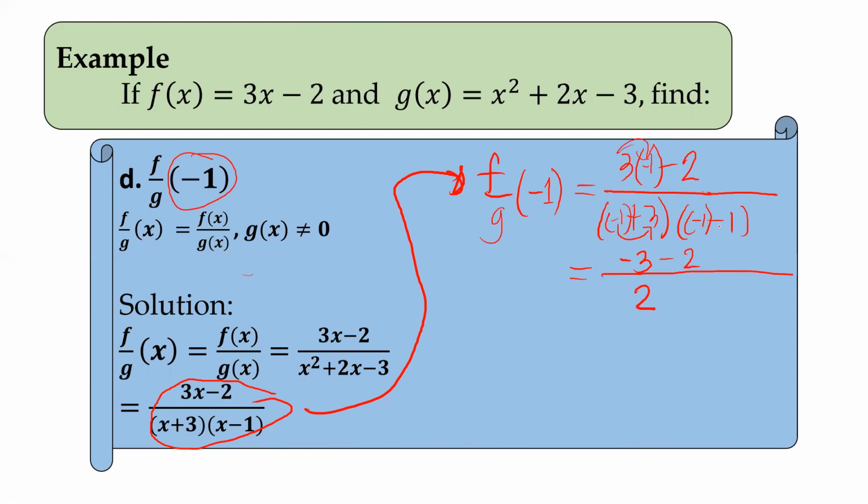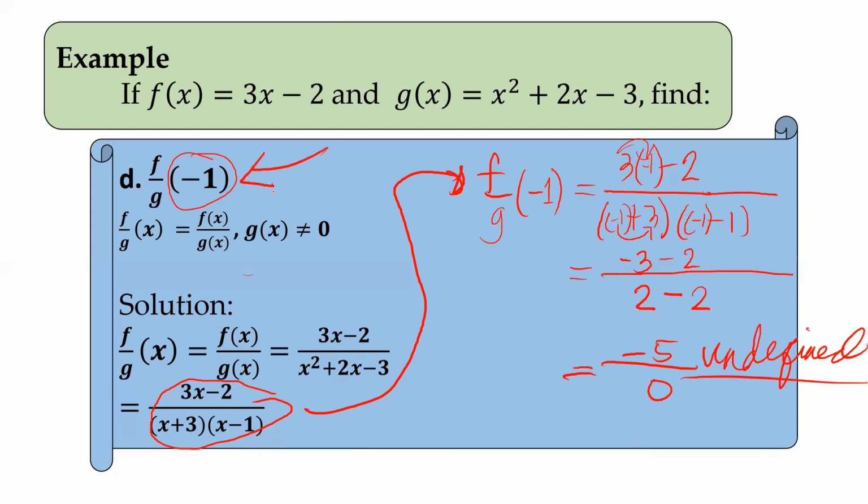Then negative 1 plus negative 1, negative 2. Now, if you're going to assess here, negative 3 minus 2 is negative 5. But 2 minus 2 is 0. Therefore, this is undefined. Hindi po siya pwede na isa-substitute natin sa value is negative 1.